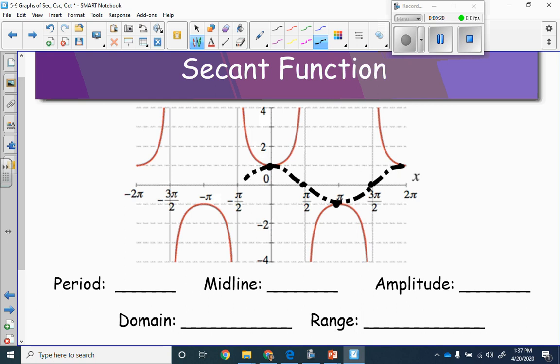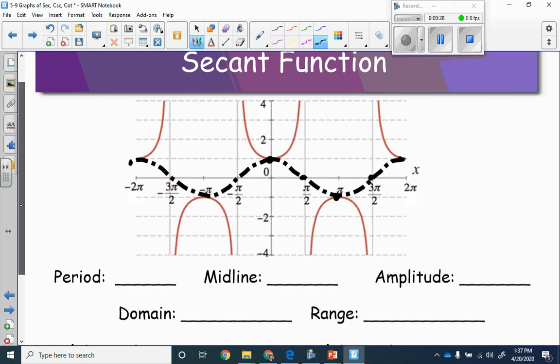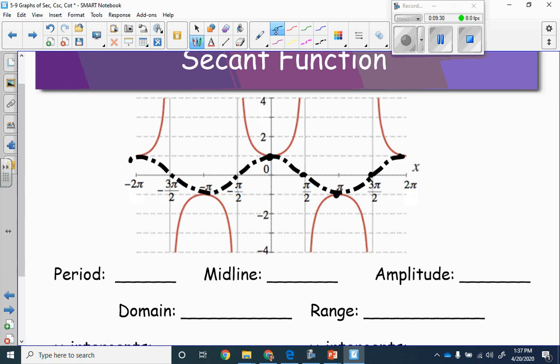And then if I bring it to the other side, there it is. So your sine and your cosine functions fit inside of here. Now, as far as the period of the secant function, that is going to be 2 pi. There is no midline and there is no amplitude for the secant.